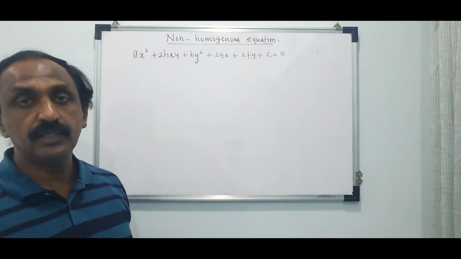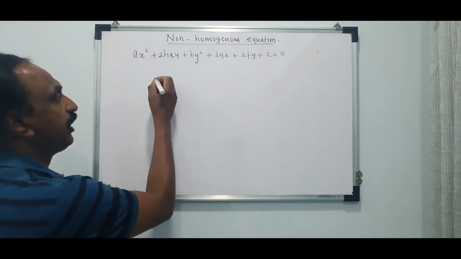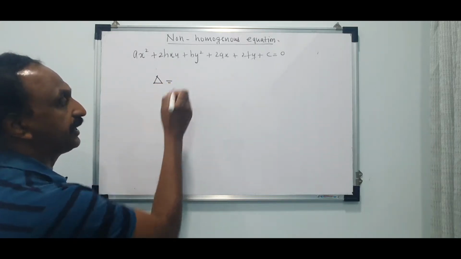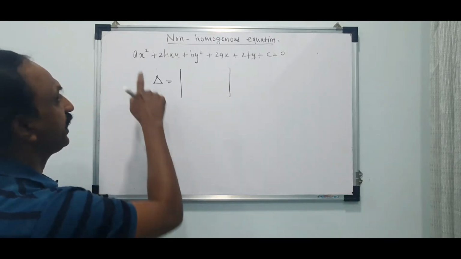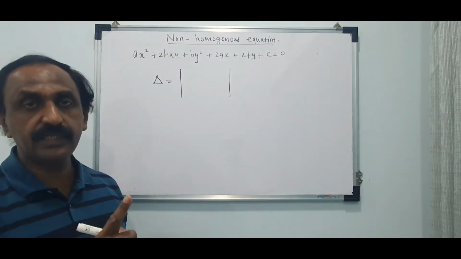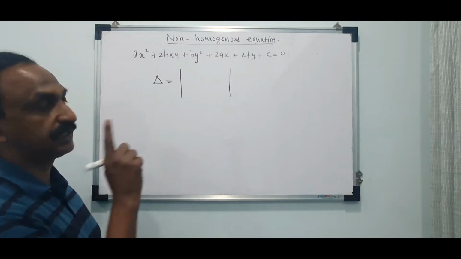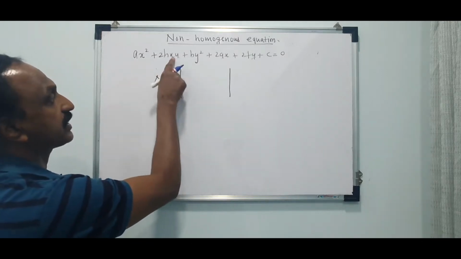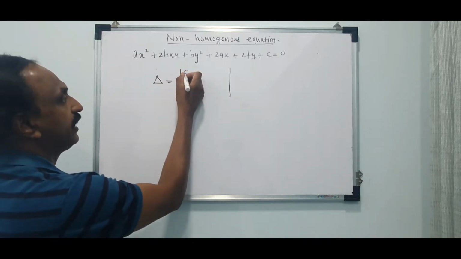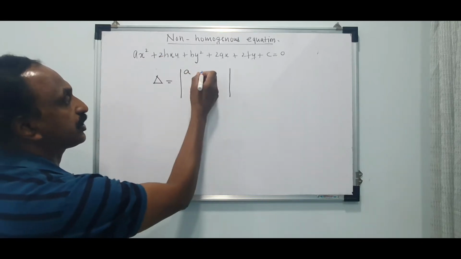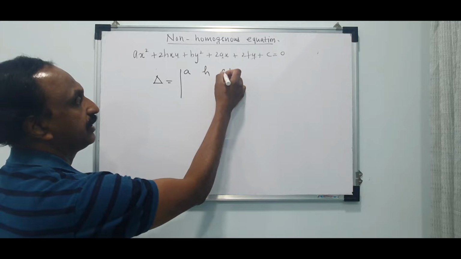This equation represents a pair of lines if the determinant, which we denote by delta, is zero. The determinant's first row is obtained by collecting the alphabets of the terms containing x: the first alphabet a, second h, third g.